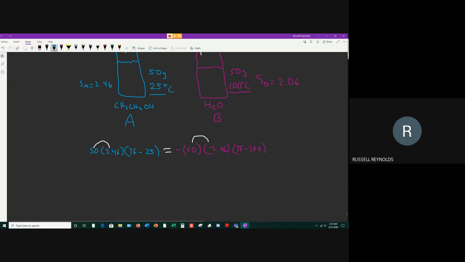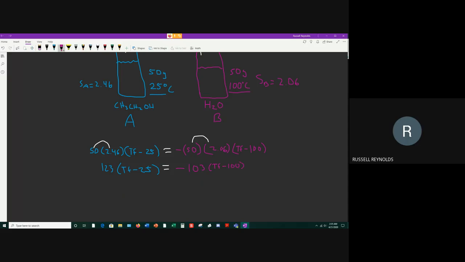And so what you'll end up with on the A side is 123 times TF minus 25, and on the B side you'll end up with negative 103 times TF minus 100.